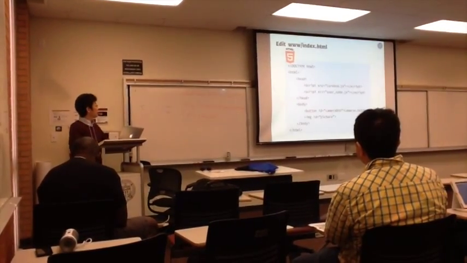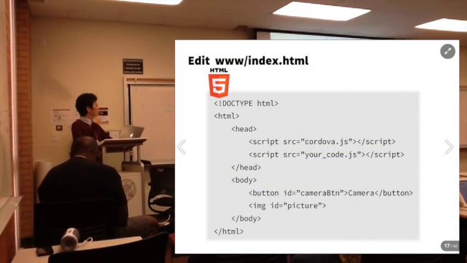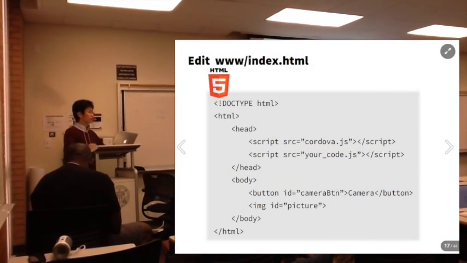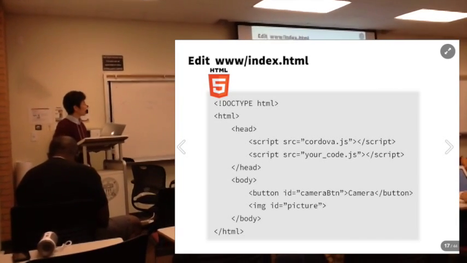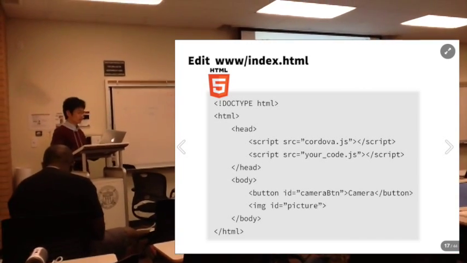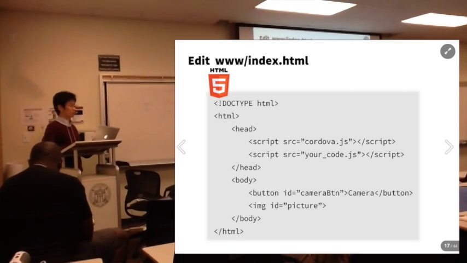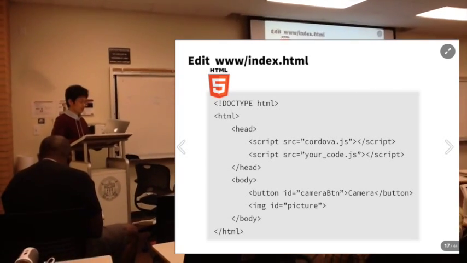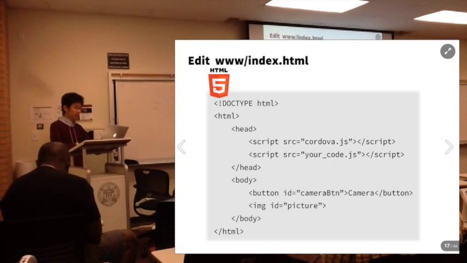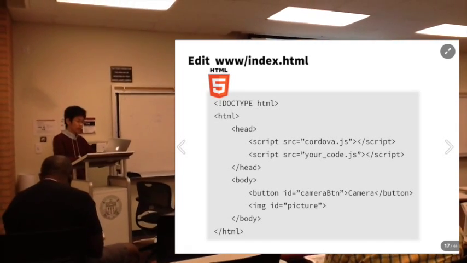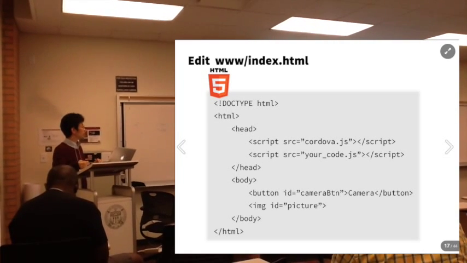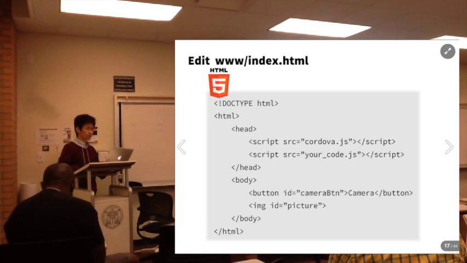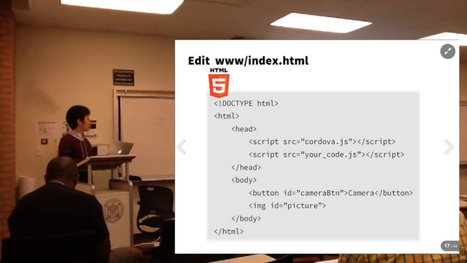Then open www index.html. Change the program to something like this. It's really simple code. Just a button and an image, and you need to import cordova.js. Why not phonegap.js?